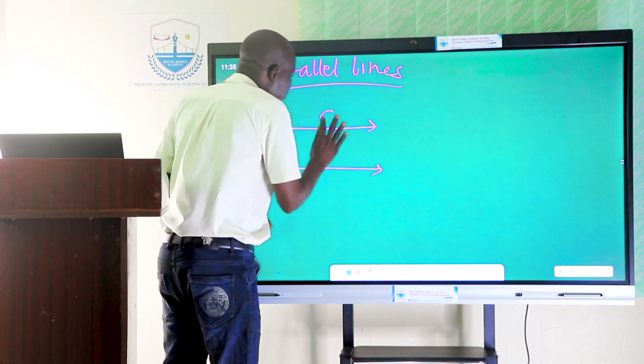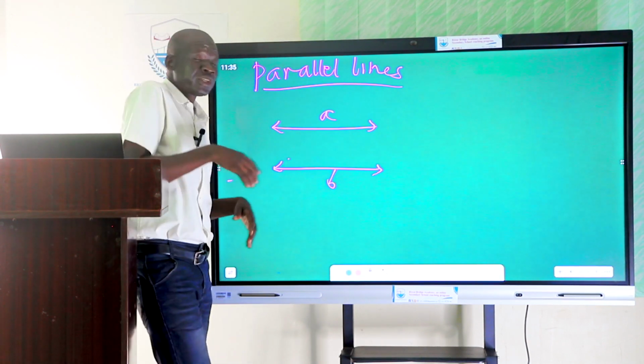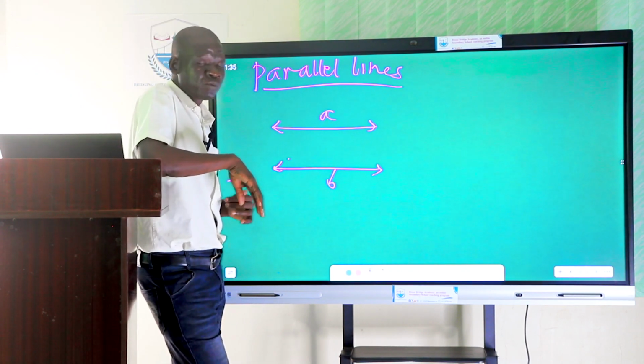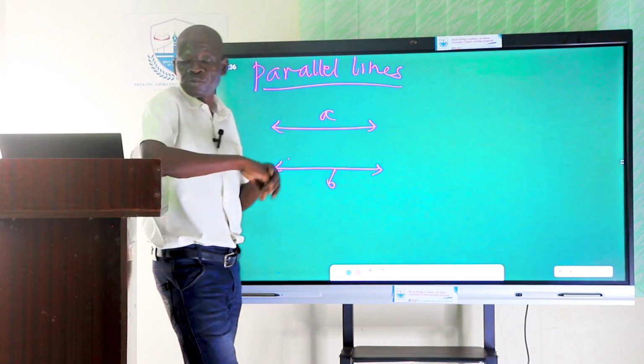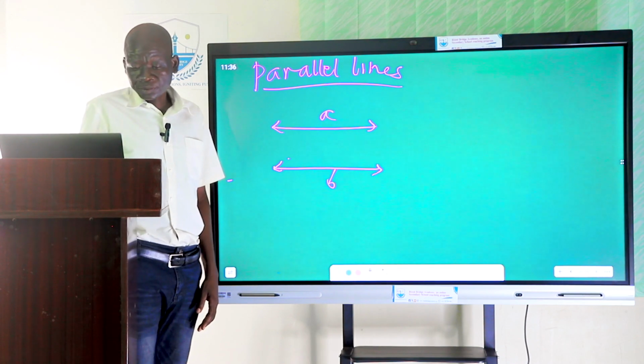So we can have this one as line A and this one as line B. In this case, line A is parallel to line B, meaning that line A cannot meet line B. So we call them parallel lines.